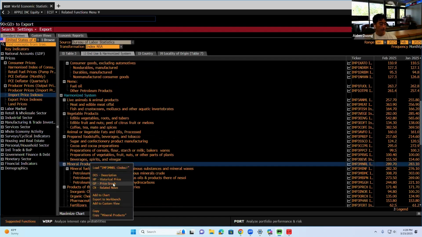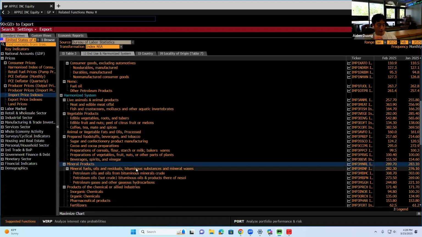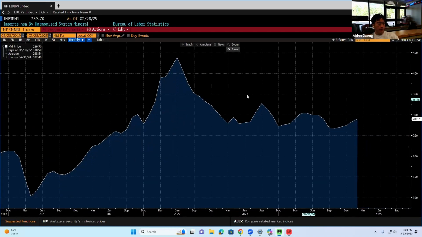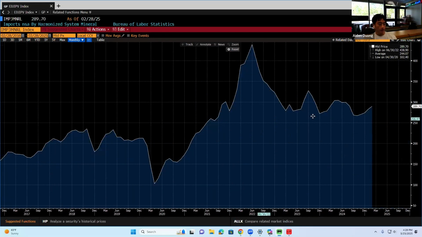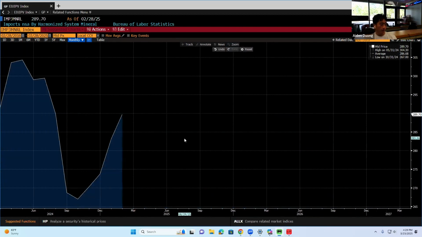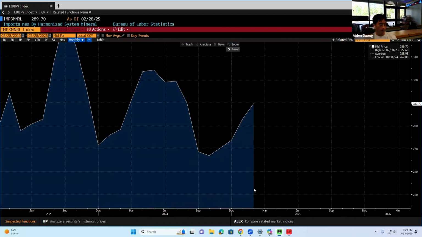And then we can look at the changes over time, price graph. Now we can look at how mineral import prices have changed over time. It shows you just the impact. You can even zoom in from here. There we go. Sharp increase of import prices for minerals.